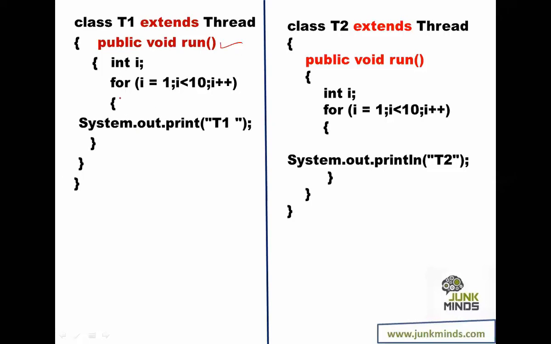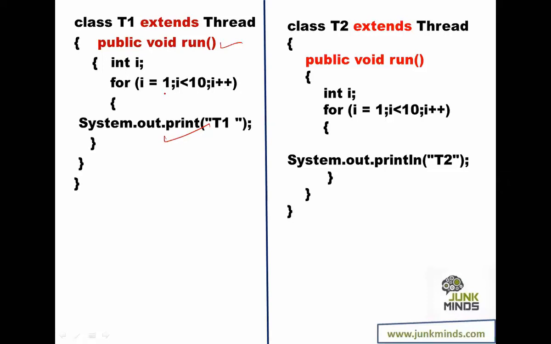So inside this run method, I've written a simple for loop: for i equal to 1, i less than 10, i plus plus, System.out.print T1. So whenever this run method executes, it will print this T1 say 10 times. Now, please understand, I've derived this class T1 from class Thread. I haven't created the thread as yet. T1 is a class which, if needed, can create a thread for me.